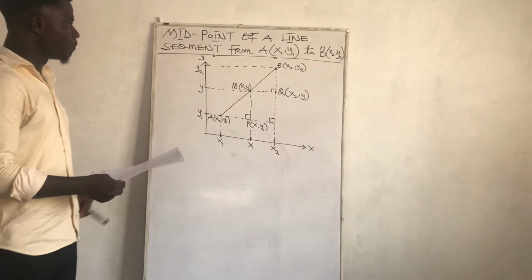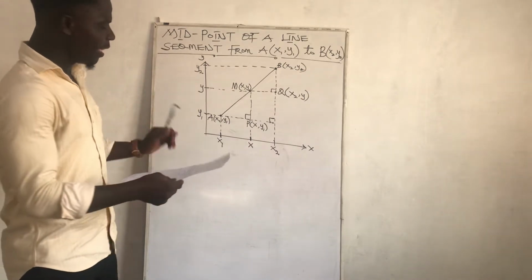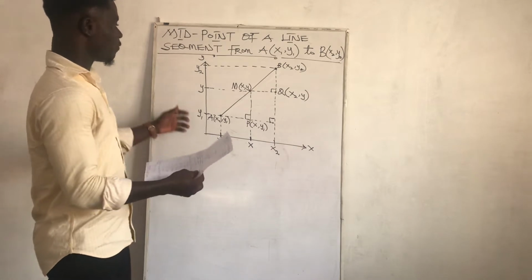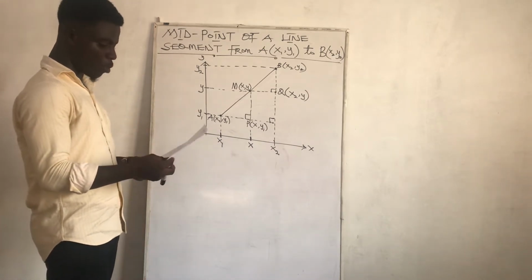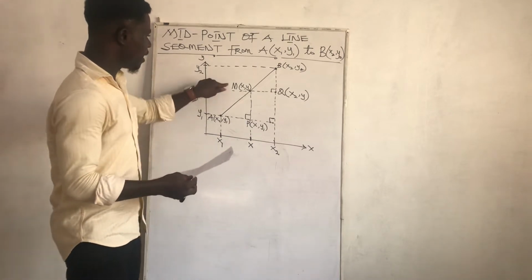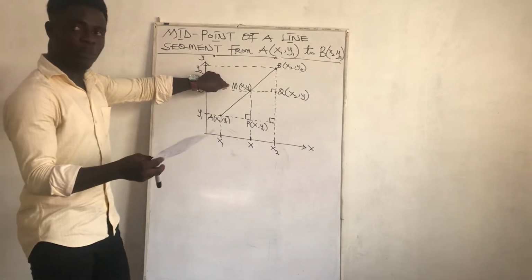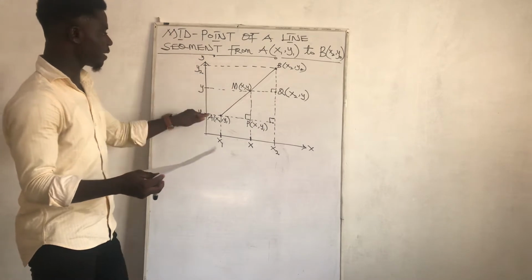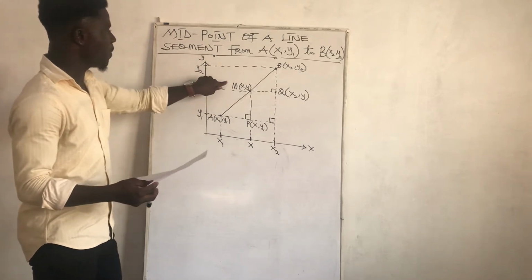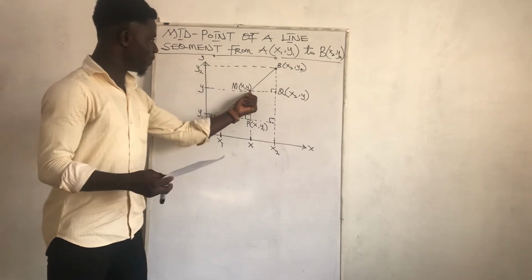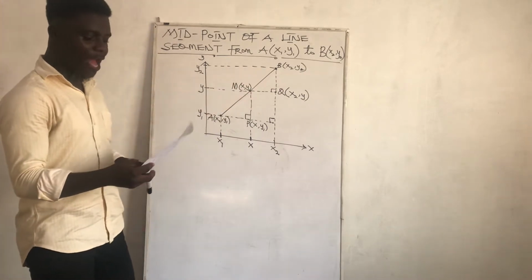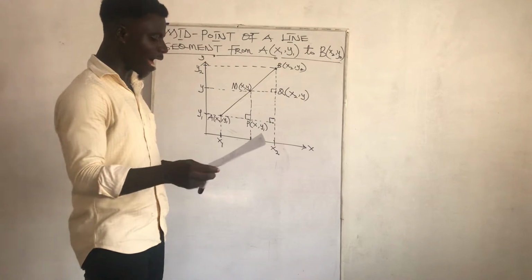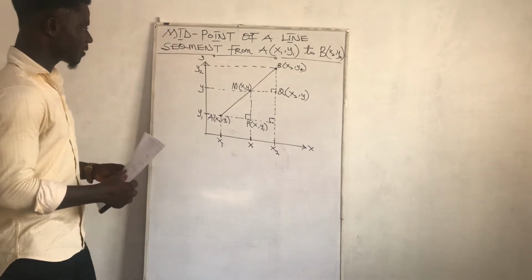Alright, so listen. Let us consider the diagram on the board. If M is the midpoint, the middle point of this line segment AB, then we have equal distances along the x coordinates.